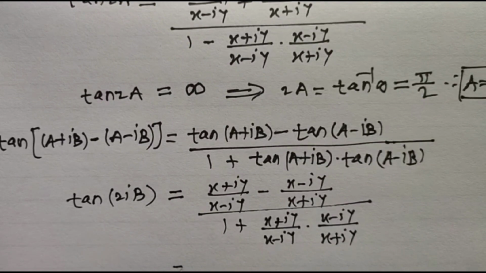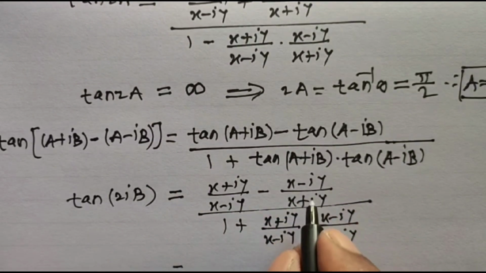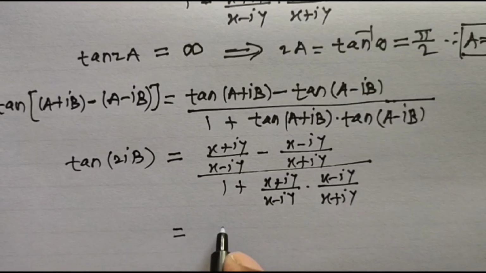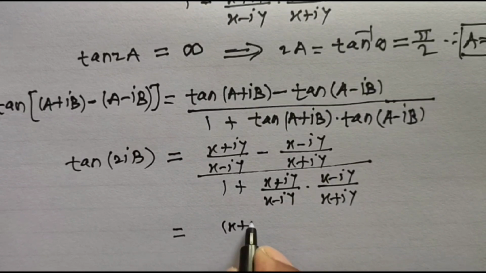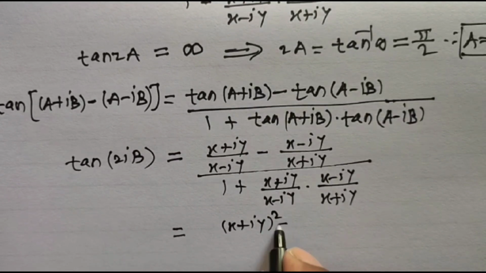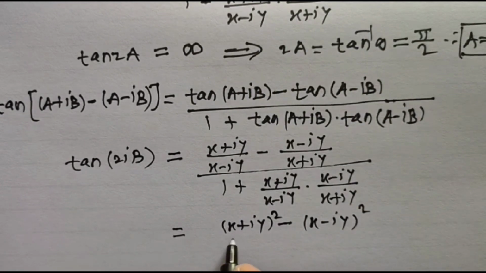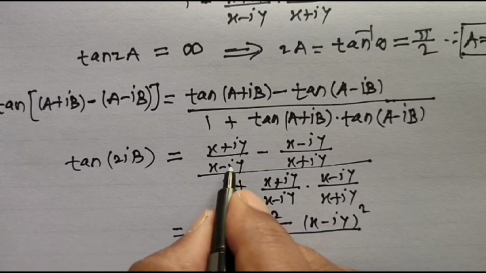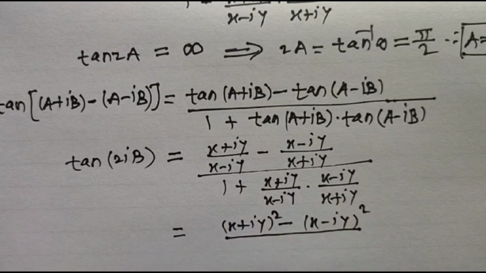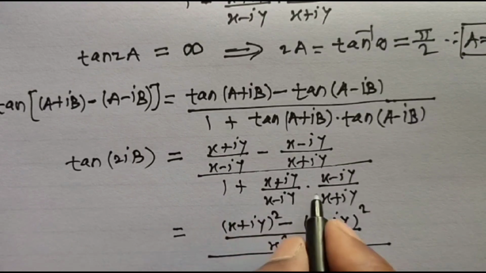The denominator becomes 2, and now the simplification of the numerator: x plus iy whole square minus x minus iy whole square divided by x minus iy into x plus iy, that is equal to x square plus y square, and the whole divided by 1 plus 1.